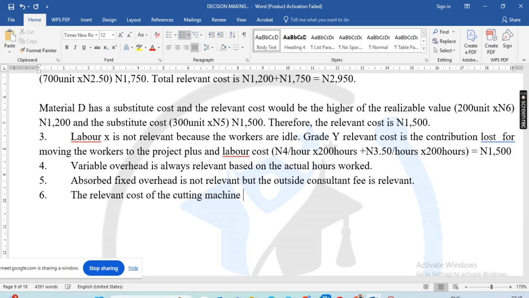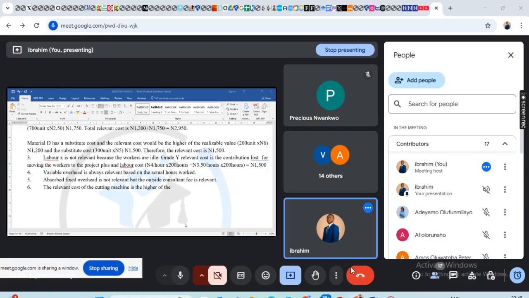machine is the higher of the two. When they are giving you two options, please take note of that. And again, when they give you two options, you should also be very careful.